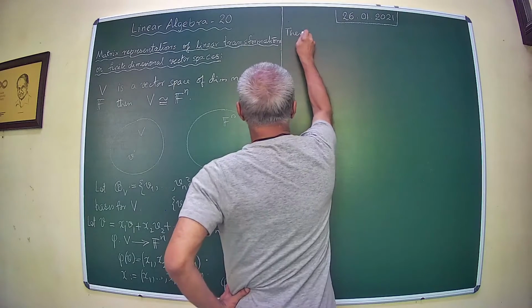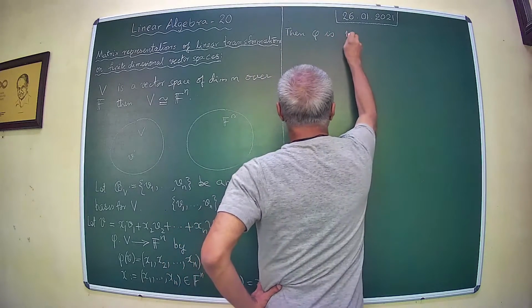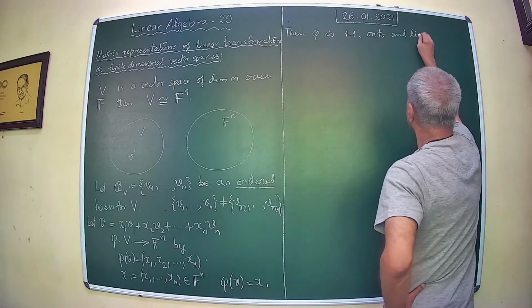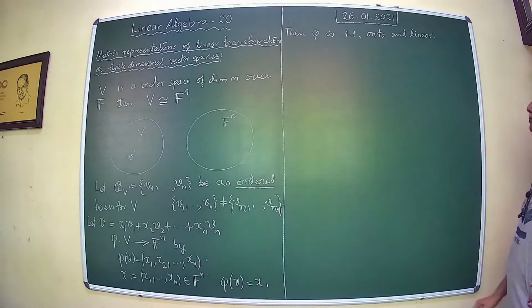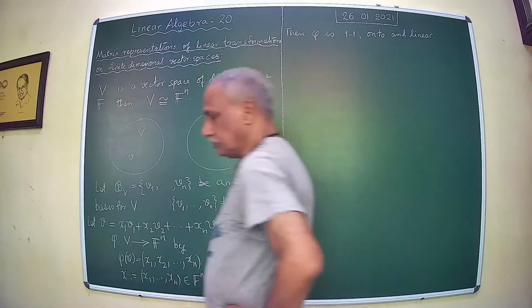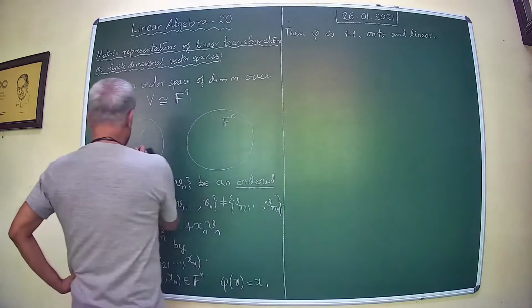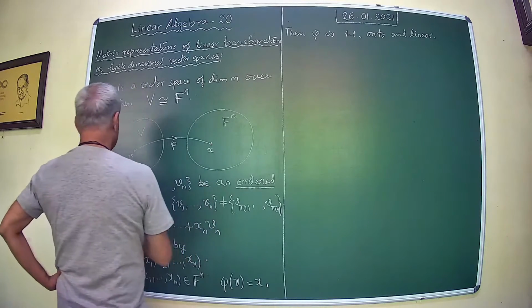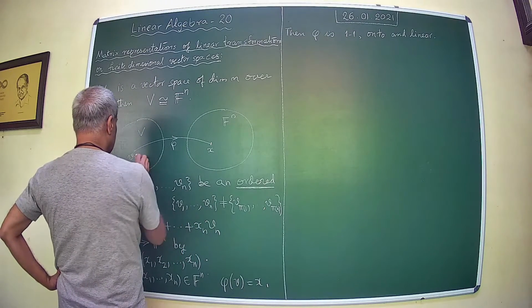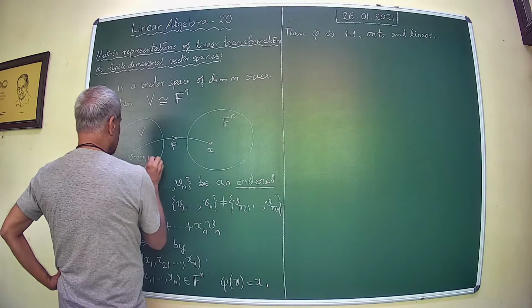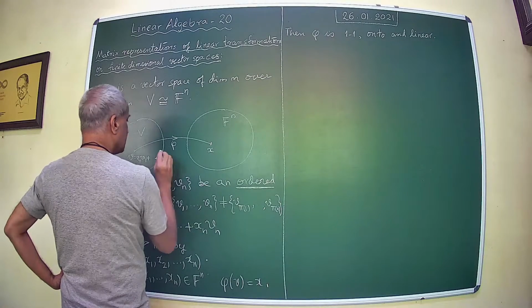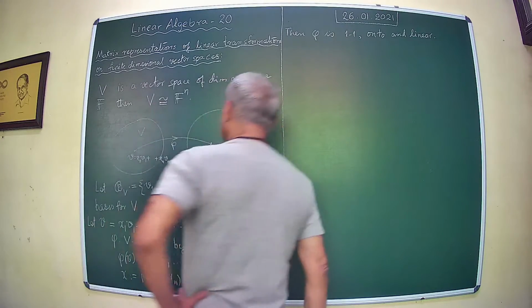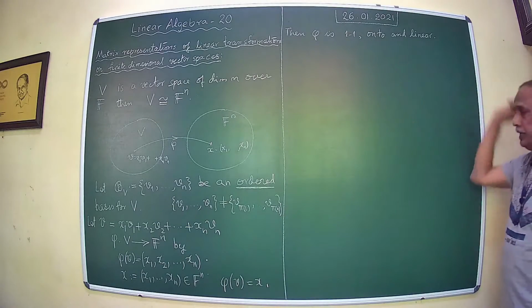Then phi is one to one, onto, and so it's a structural isomorphism between V and F^n. This is something which we have proved.